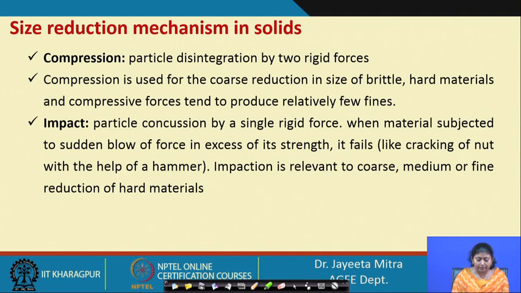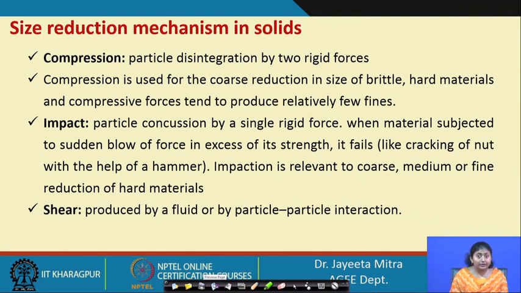With every blow, they break the shell of the cashew nut. This is the mechanism by which they operate. So, impaction is relevant to coarse, medium and fine reduction of hard materials. There are many applications of this impact force, we will discuss them.